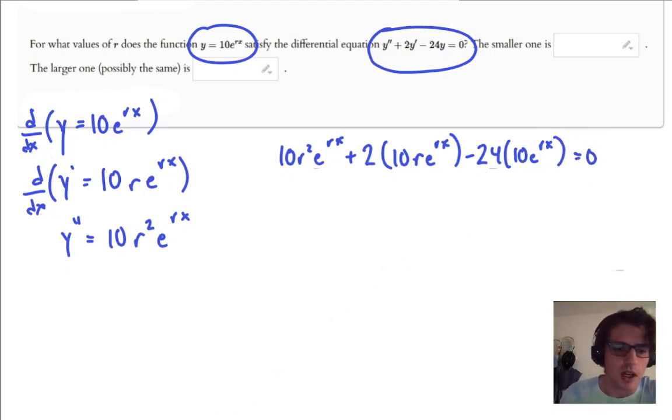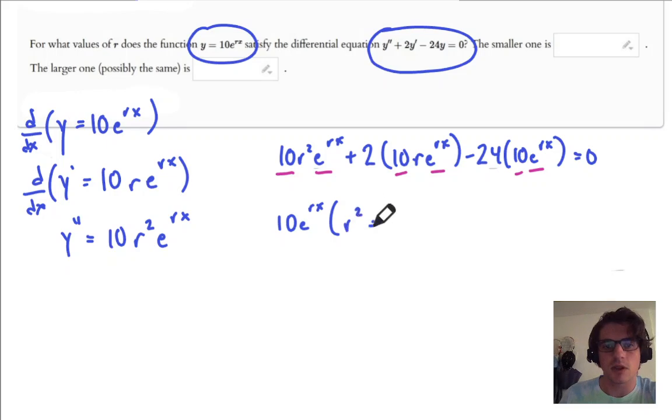So we have a common factor of 10 e to the rx, and we can factor that out: 10 e to the rx, r squared plus 2r minus 24 equals 0.